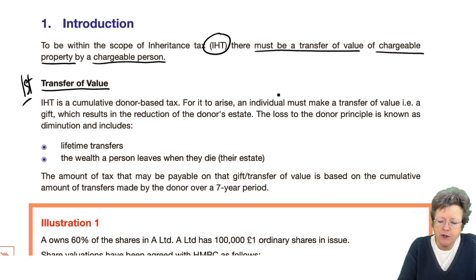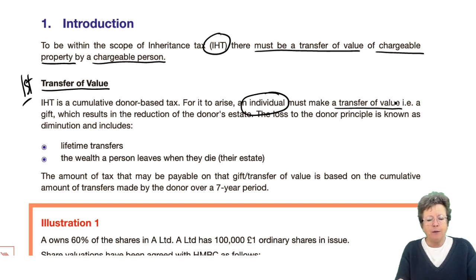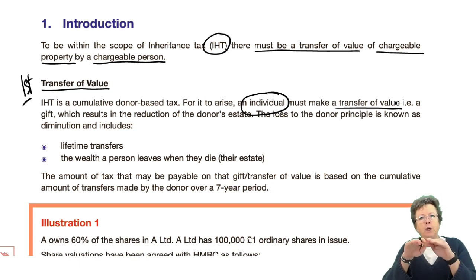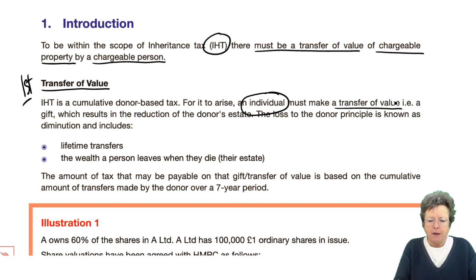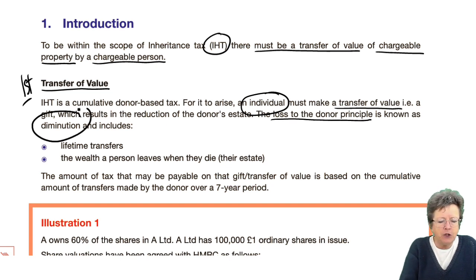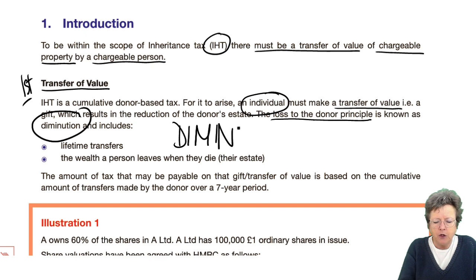So an individual must make a transfer of value, and what happens is that the gift will decrease or diminish the value of their estate. Now this loss to the donor principle is known as diminution, D-I-M-I-N-U-T-I-O-N.